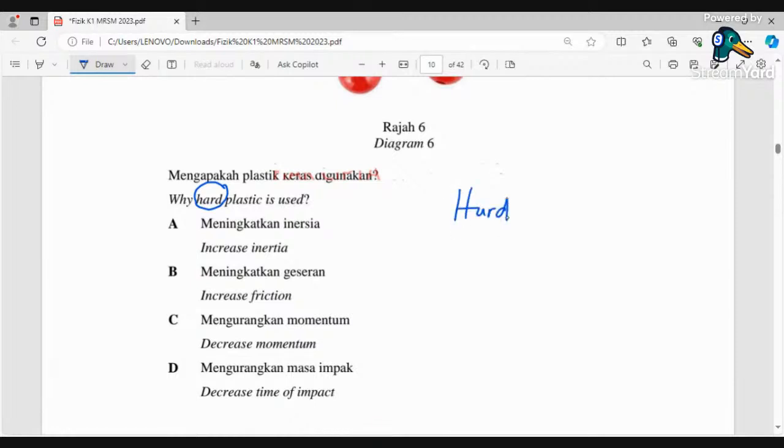Okay, the word hard means time of impact is very short, and then larger impulsive force.